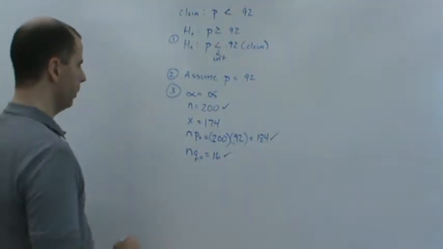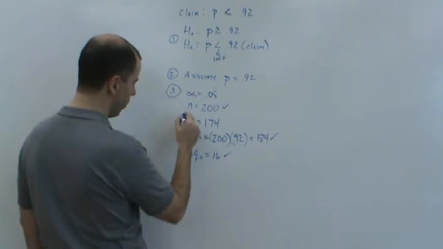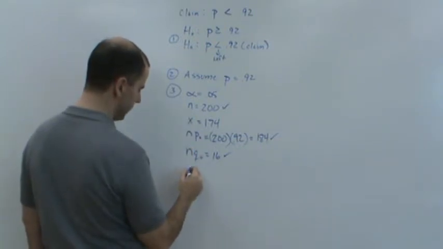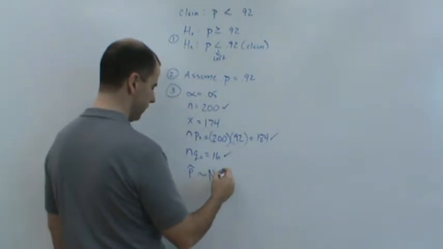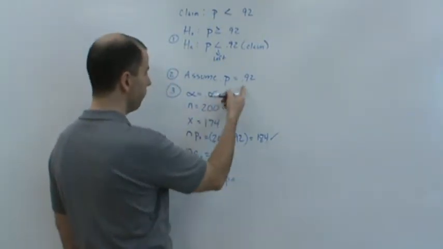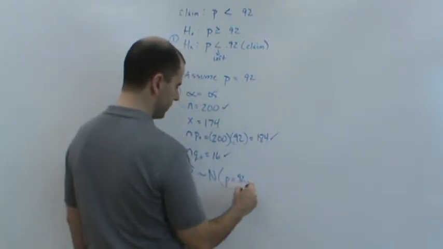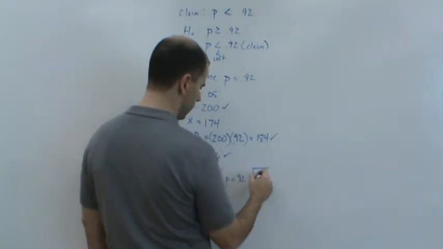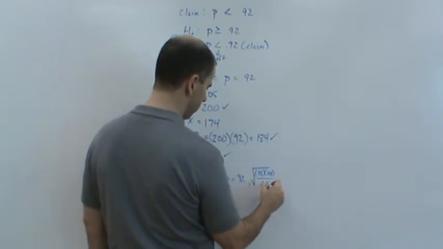So now, again, we got the conditions. So what do we know? We know that p hat is going to be normally or approximately normally distributed with a mean of p. Well, what's p? 0.92. And the standard deviation is going to be the square root of 0.92 times 0.08 divided by 200.